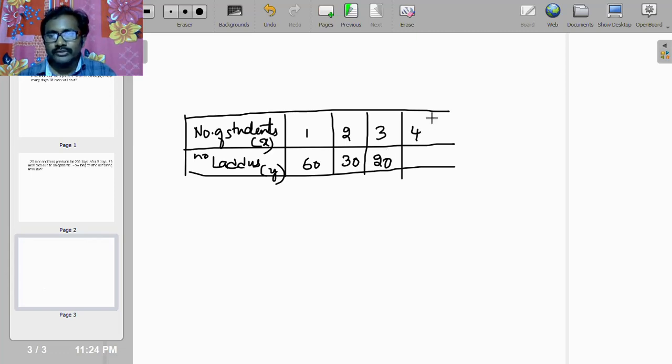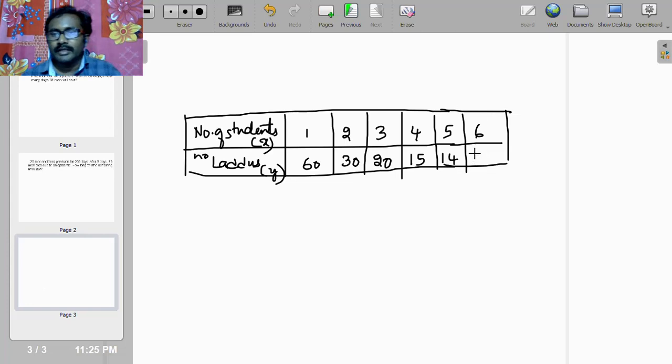If it is four students, I can distribute 15, so each student can receive 15 laddus, right? In the same way, if it is 5 students, each student can receive 12 laddus, right? If it is 6 students, each student can receive 10 laddus.